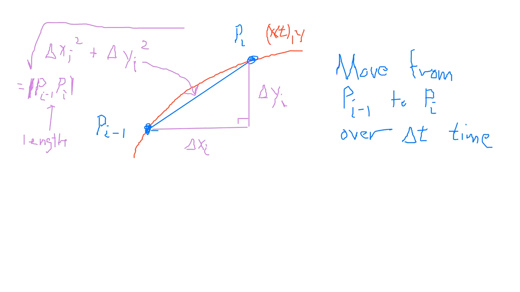And as t changes, as time changes, that causes you to move along that arc. But you move from one point to another point over an elapsed time called delta t. Delta t would just be the difference in two times. Okay.